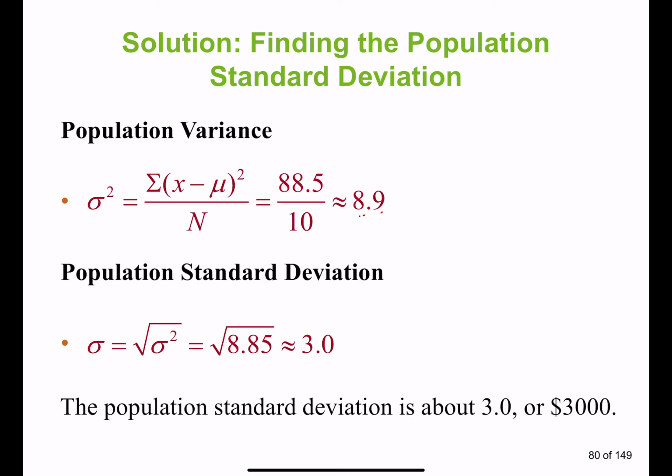So deviation is the error, or the spread, how far from average they can go. 41,500 plus or minus 3,000. That's the error.